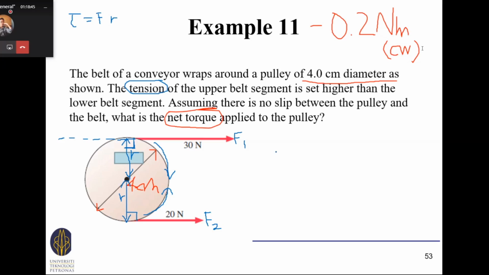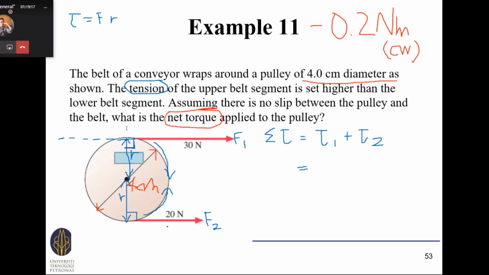So how to calculate for the net torque? Summation of torque means you need to add the torque from F1 and the torque from F2. So it should be torque 1 plus torque 2. See this carefully. You know that torque 1 will give clockwise direction.